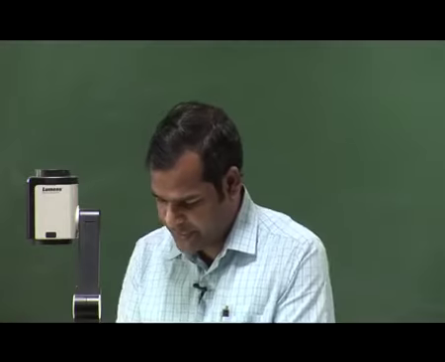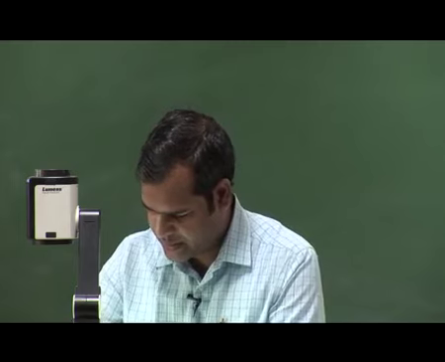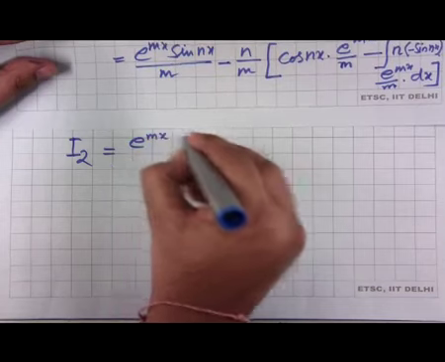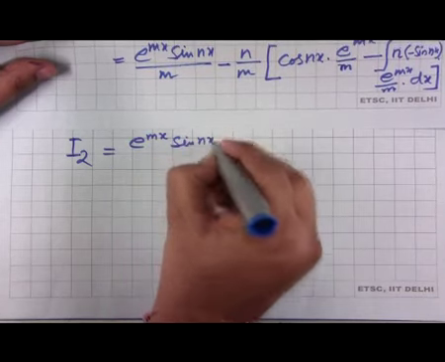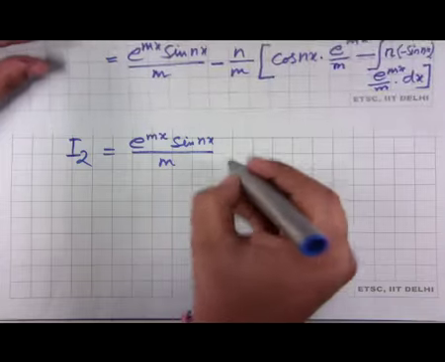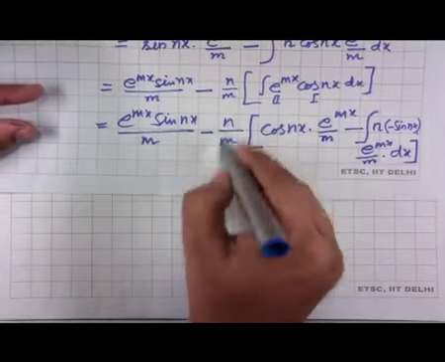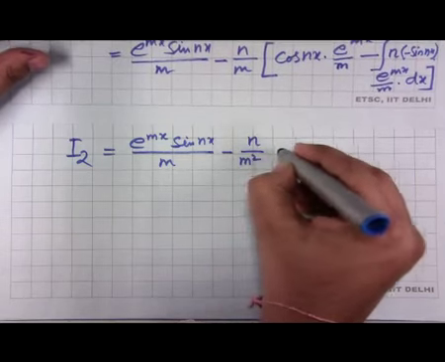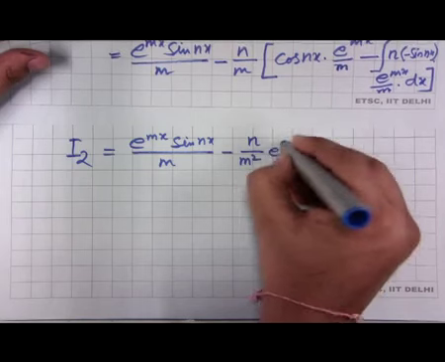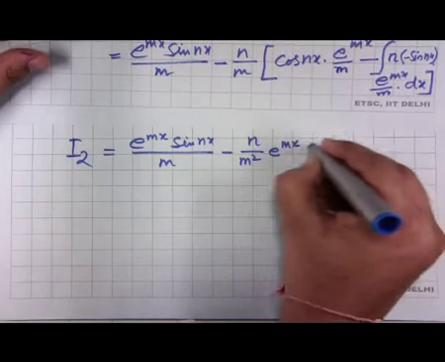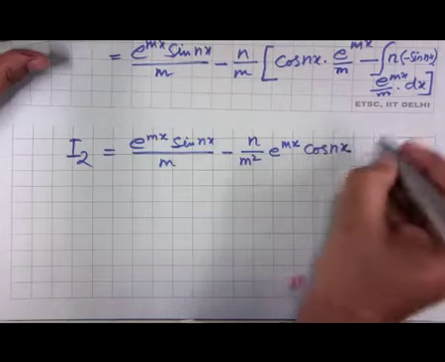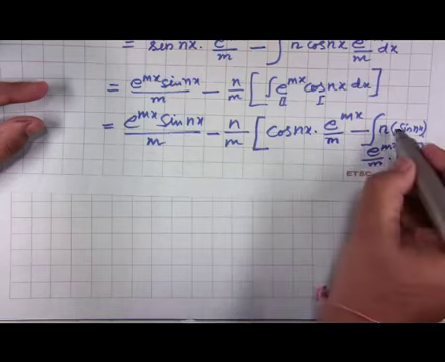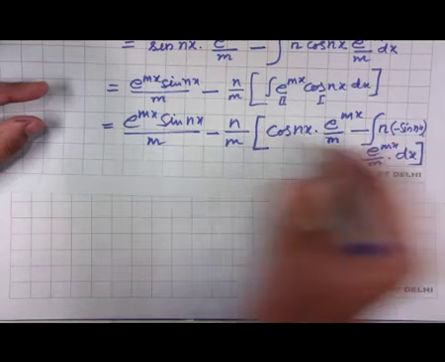So, when we simplify it further, what we will get is I2 equals e raised to power mx sin nx upon m minus, you can see, n by m squared, e raised to power mx cos nx, then n by m multiplied by this n by m, this minus sign will make this sign plus, and then ultimately this minus sign will make.